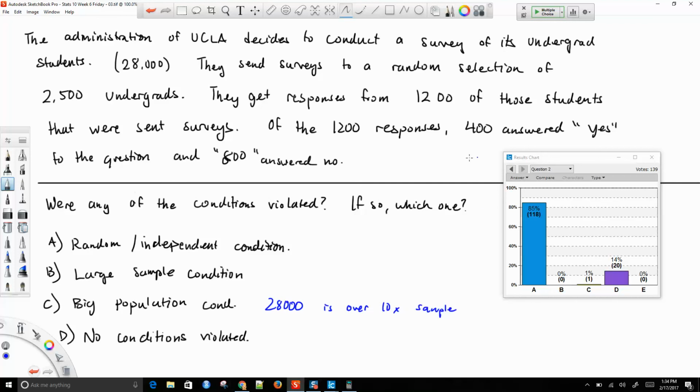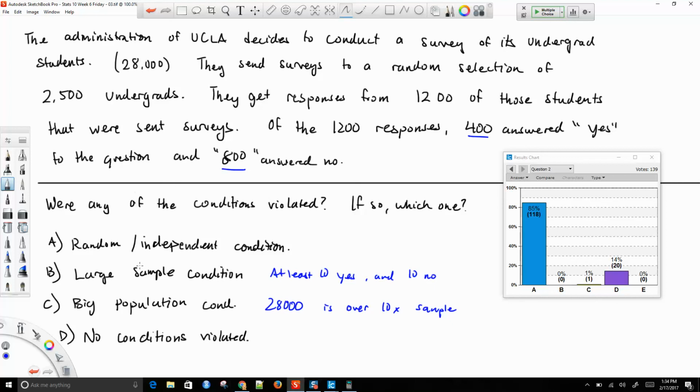And then as far as the large sample condition goes, we have at least 10 yeses and at least 10 nos, right? So this is met. At least 10 yes and 10 no, right? Okay, so it seems like we're in agreement that these are not violated. Okay, and the question is the random and independent condition violated, yes or no?